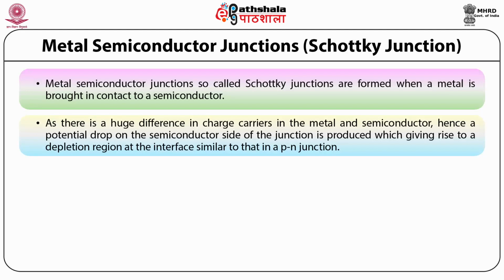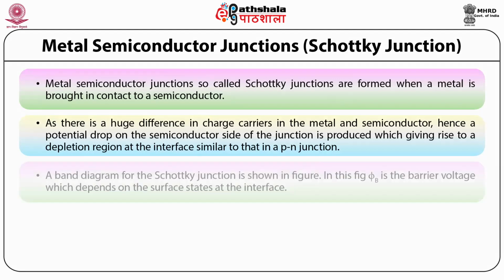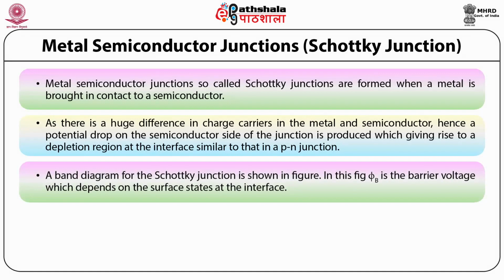Such junctions in a metal and semiconductor are called the Schottky junctions. So in the previous figure, there was a phi b, which is nothing but the barrier voltage, which depends on the surface states at the interface.